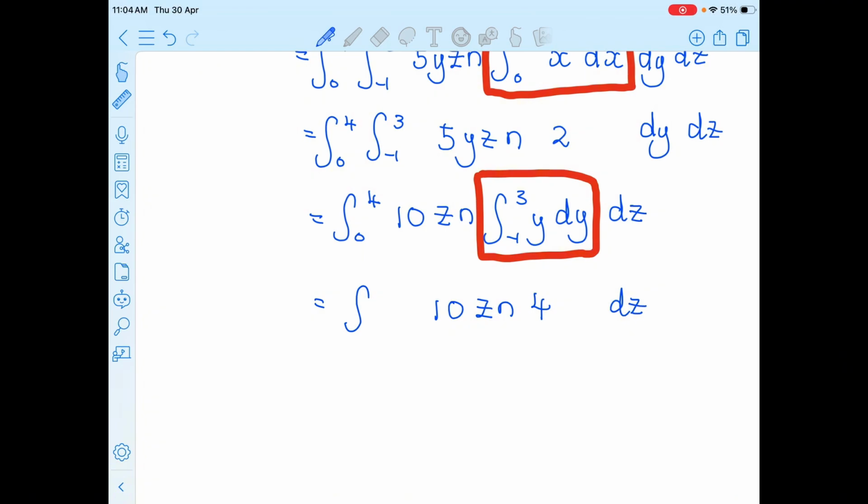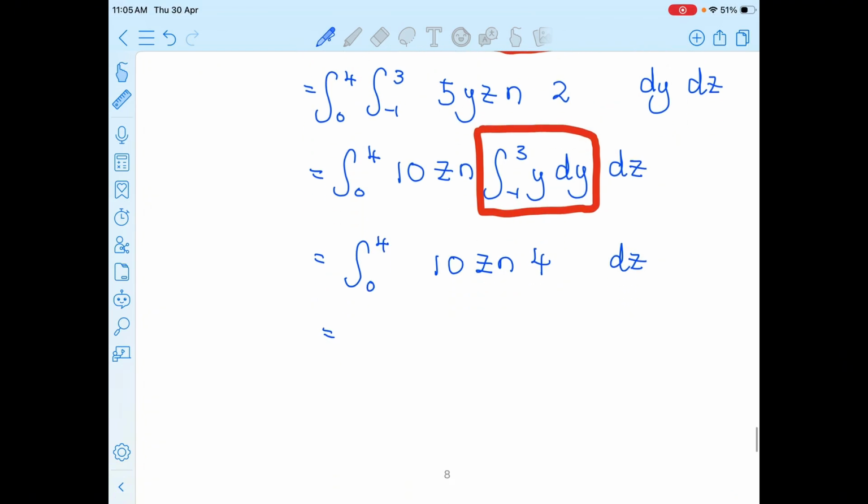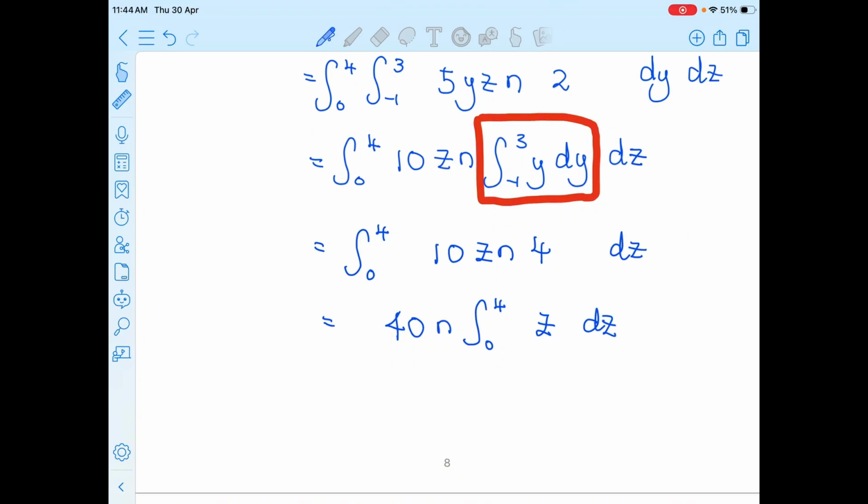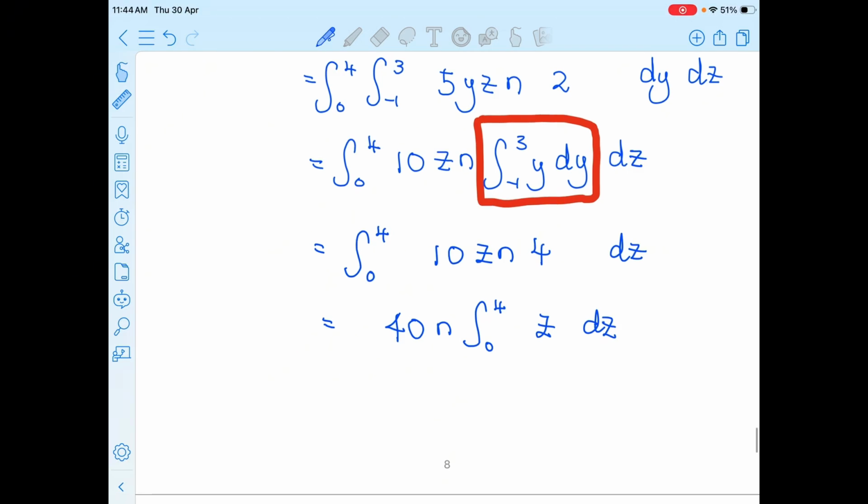Now we perform the last integration, which is with respect to z. I move out the 40 nano and integrate from 0 to 4 of z dz. The last step is to use the calculator to find the answer.